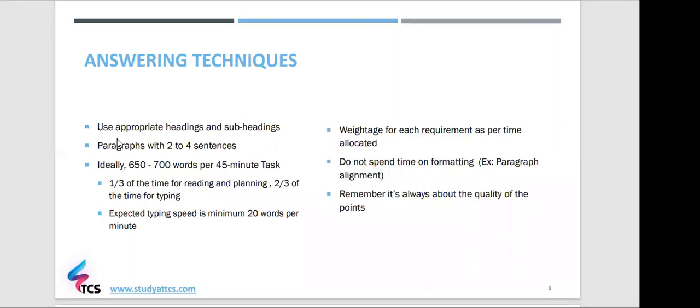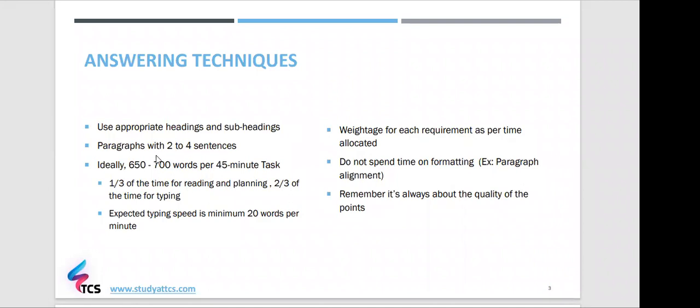Let me reiterate that once more. Headings should be in bold and underlined format, and subheadings should be in just bold format. Okay, so you need to adhere to this. You'd understand what I'm talking about later on when I'm taking you through the suggested answer as well as the mini mock.